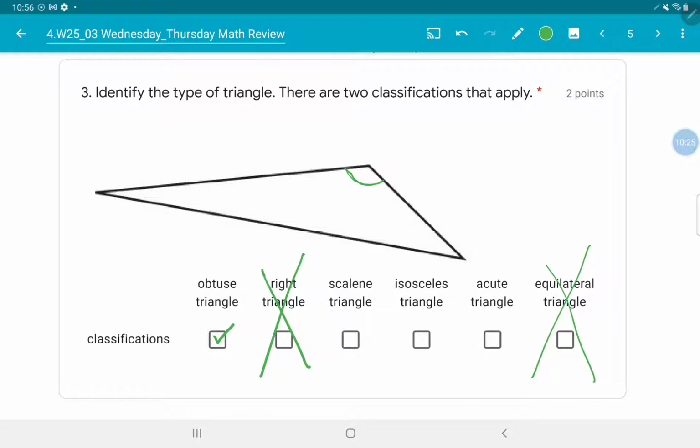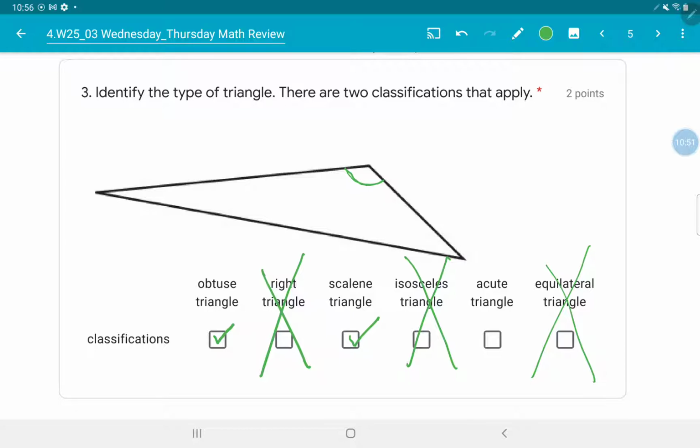Do I have two sides that are the same? No, they're all different. So if all three sides are different, it's a scalene triangle. So you should have chosen obtuse and scalene. It's obtuse because there's an obtuse angle, and it's scalene because there aren't any sides that are the same.